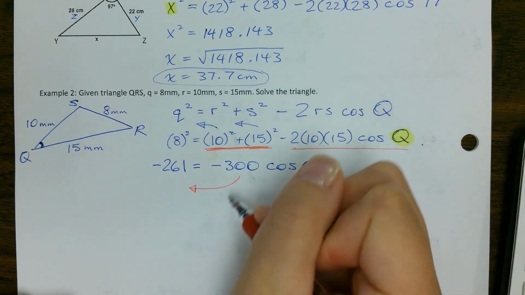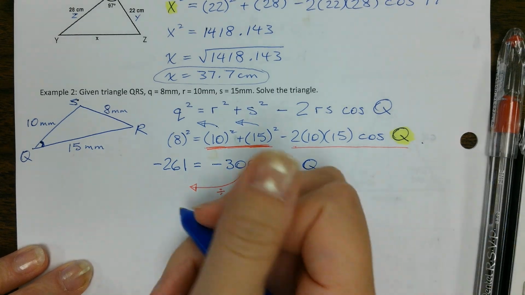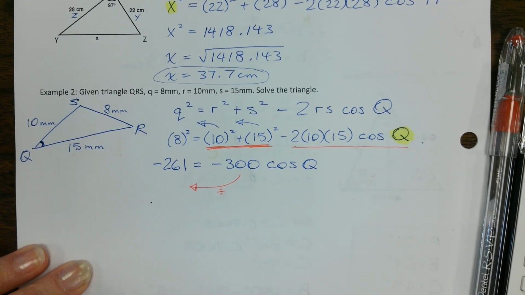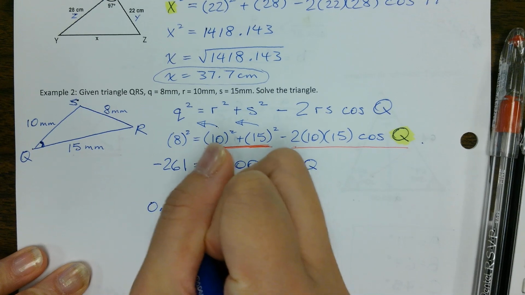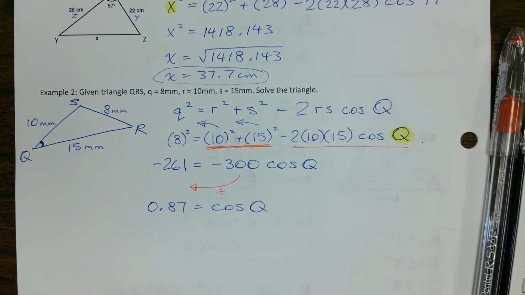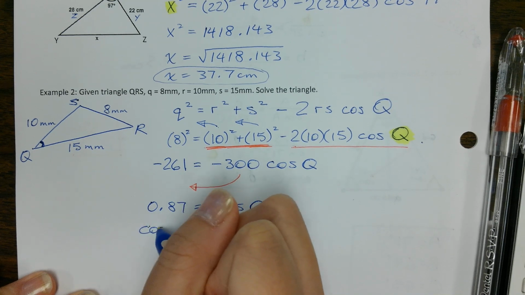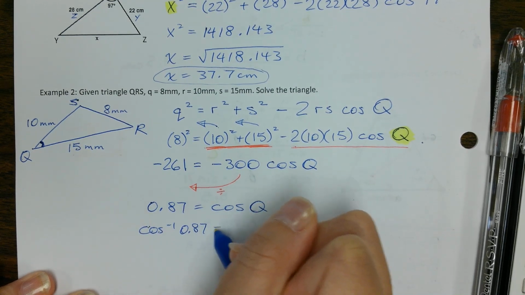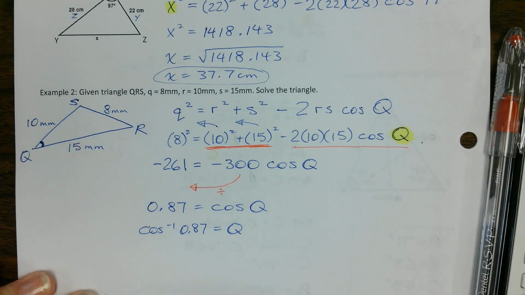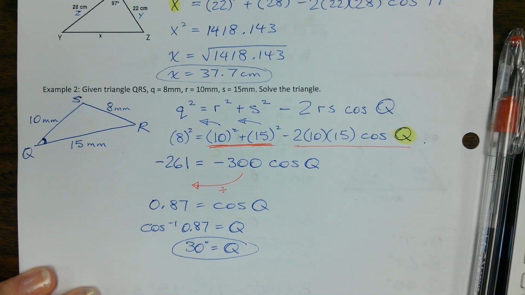You don't subtract, you divide that by 300. Negative 261 divided by negative 300, you get 0.87 equals cosine Q. Do the inverse. So Q equals cos inverse 0.87. So cosine inverse, you get 30 degrees.